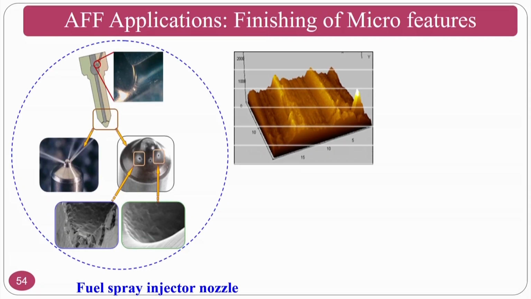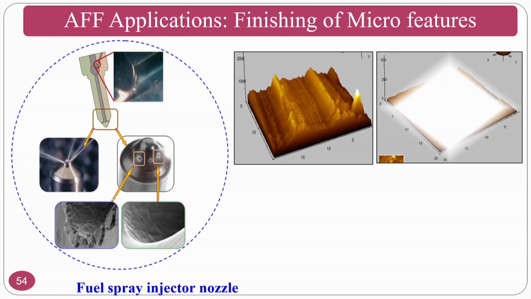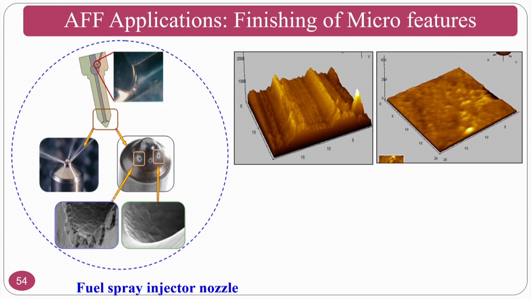That's why you have to understand the applications of the surfaces. You may see these again whenever you see the abrasive flow finishing process: the fuel injector nozzles that you have to finish. The Extrude Hone company has specified this. If you don't finish, it will be like this, and the fuel has to be ejected for the combustion and other things.